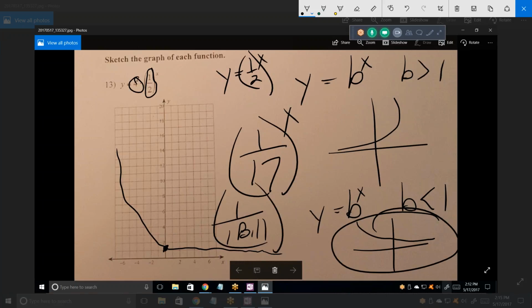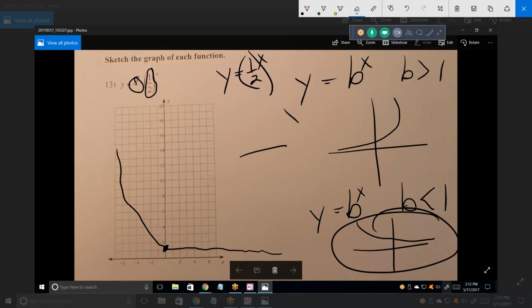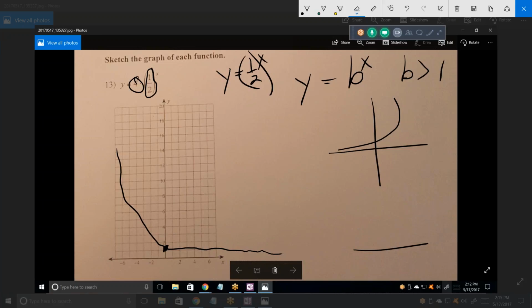And if I take that to the 0th power, that's 1. So it does not matter what is in the parentheses. It is going to go through this point, 0, 1. All right. And that's a huge thing to realize about exponential functions. They always go through that point.